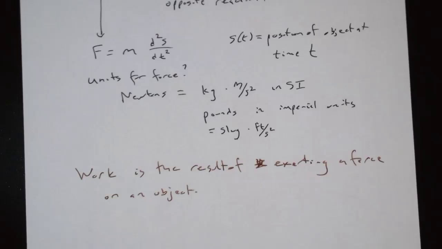I cause the object to move when I push it across the table. Gravity caused the book to fall down.